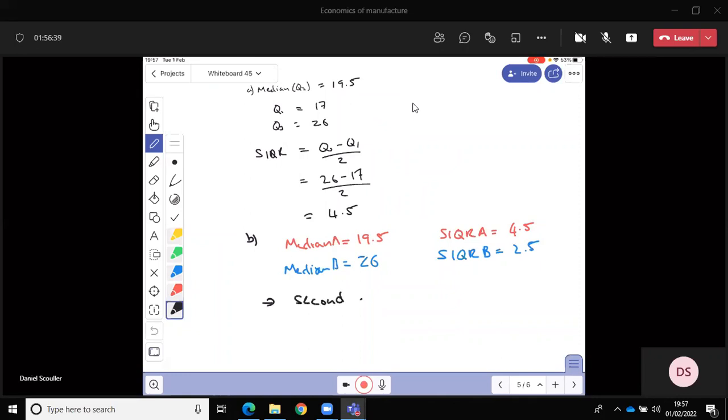Second round, the median score was higher.